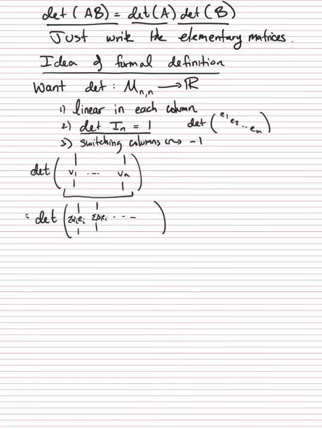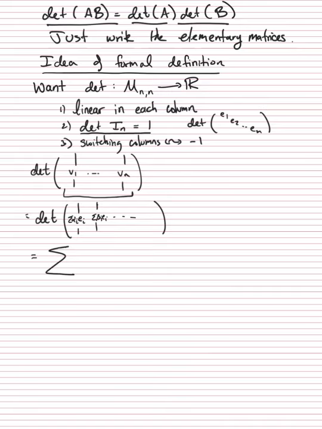This is where the notation is terrible, but I'm trying to do a very simple thing. Just write each column in terms of standard basis vectors, and then since it's linear in the columns, you get this huge sum. I'm not going to try to keep track of what I'm summing over.